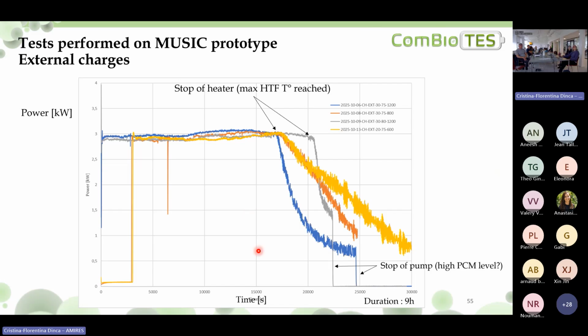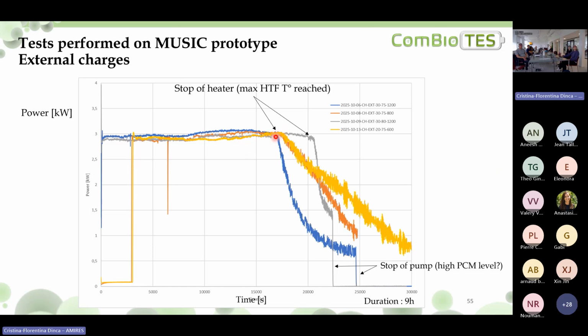So here is the profile of power given to the tank as a function of time for the 4 tests. You can see that the power transferred is on the order of 3 kilowatts, which is normal. It's the power of the heater.